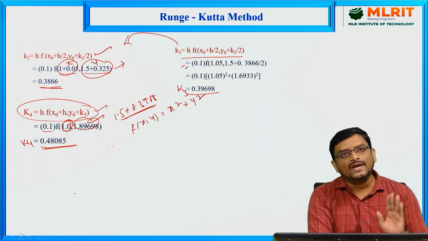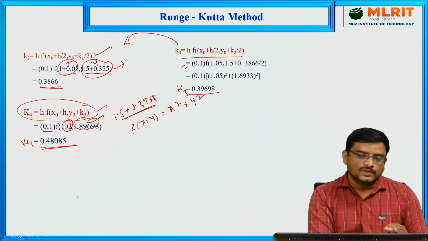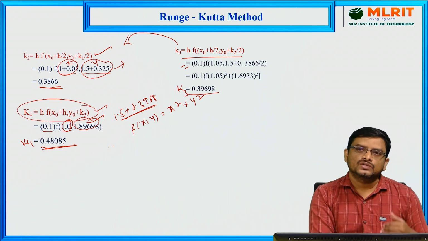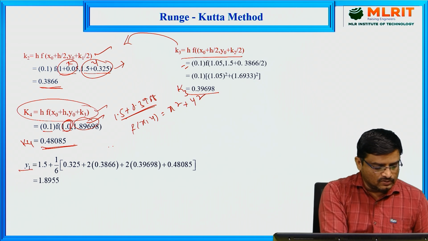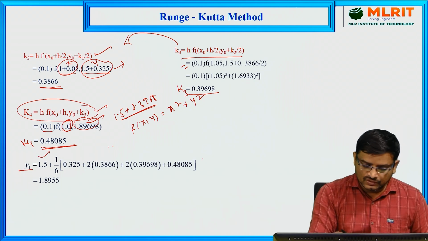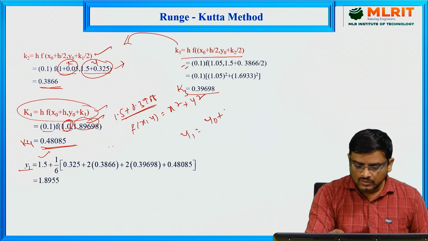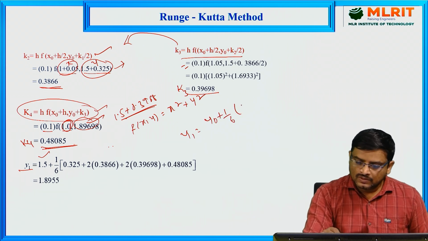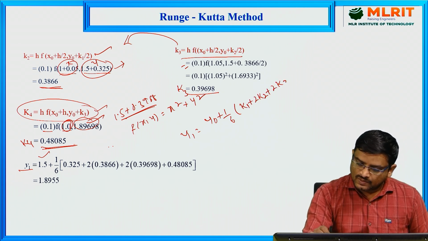Now in our hand we are having k1, k2, k3, k4. Now you substitute these 4 values in the standard formula to find out y1. So y1 is equal to y0 plus 1 by 6 into k1 plus 2k2 plus 2k3 plus k4.